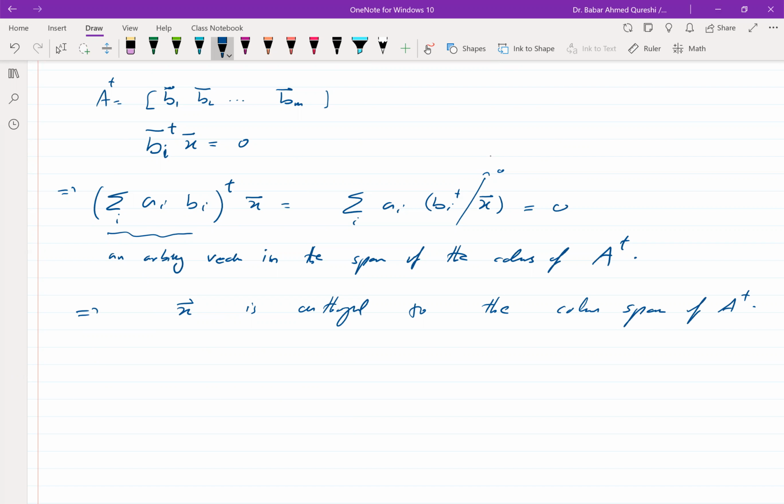But X was any arbitrary vector which satisfies Ax is equal to 0. That means X belonged to the null space of A. So the null space of A is orthogonal to A transpose.